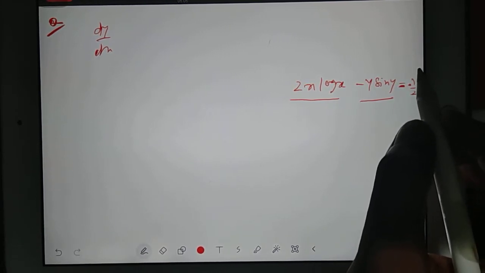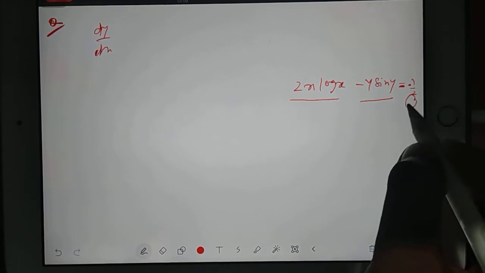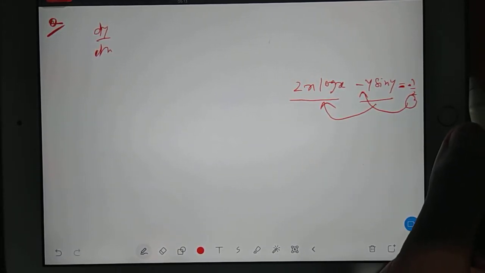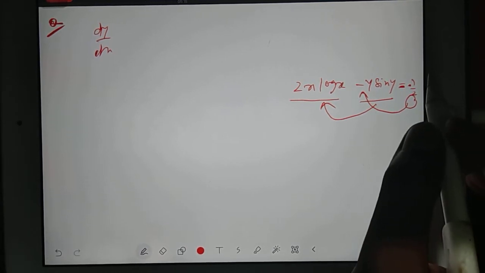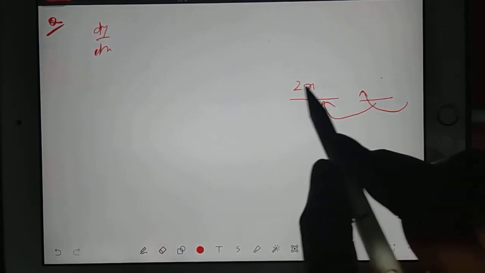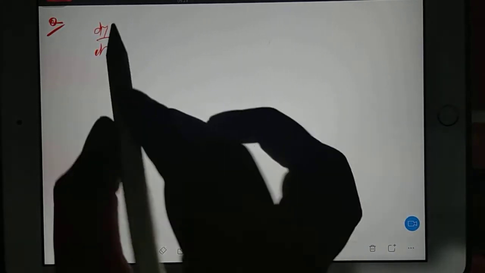Okay, so you see here, this minus 1 by 2, if you multiply here and here, so okay, no, your answer is not matching with my answer. Just give a try. In case my answer is wrong, I will update in the WhatsApp group, don't worry.